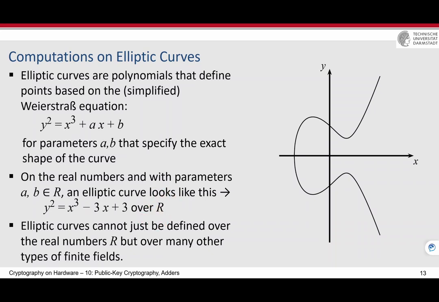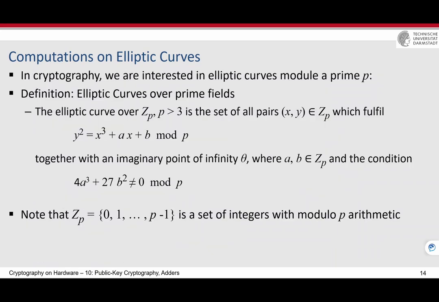These elliptic curves can also be defined over finite fields. For example, we have Zp, the field of integers from 0 to p minus 1, and over this field you can define the same thing, with the condition that 4a cubed plus 27b squared does not equal 0 modulo p.